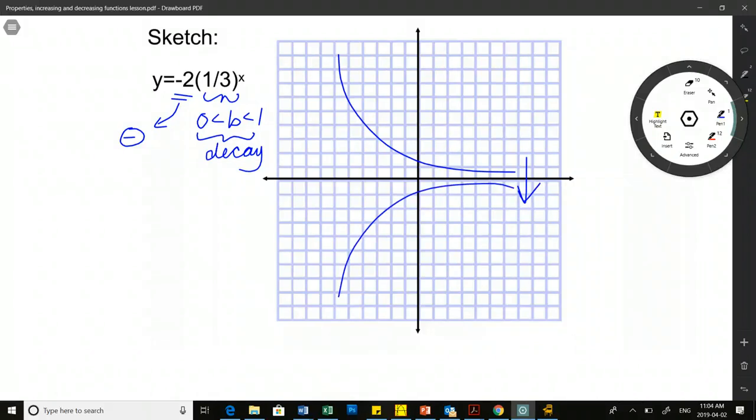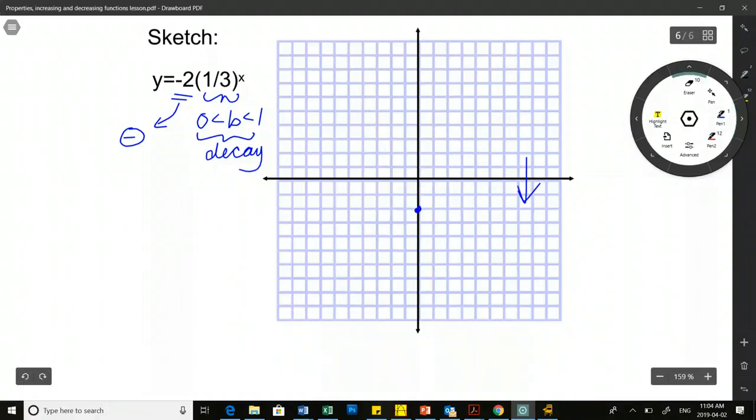Where should this graph cross the y-axis? At -2. Okay, so we have a point here. And I'll just erase that so we can get a better graph. So probably something like this. And then I have the asymptote. And I'm just going to label the value of the y-intercept.